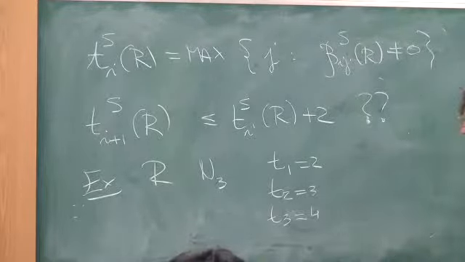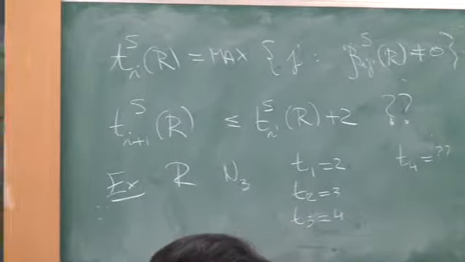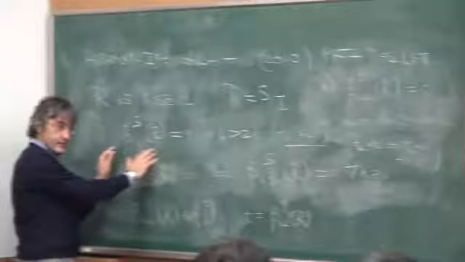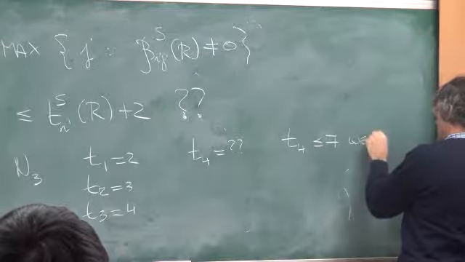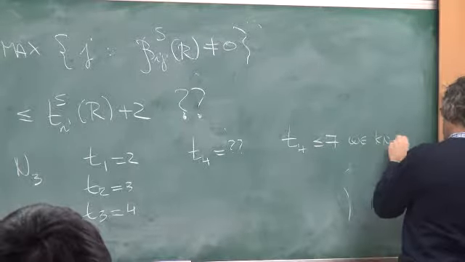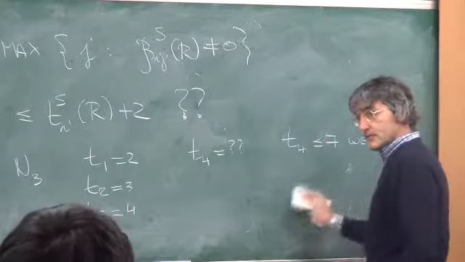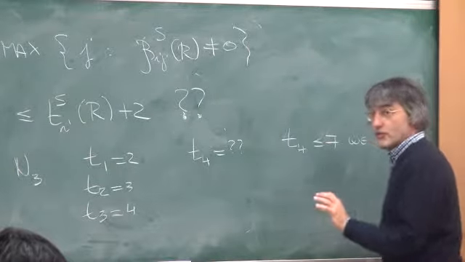If I use this bound, the first bound says it is at most 8. But the second statement says, since I lost the top line, I will never reach it, so t_4 is at most 7. This we know, for a Koszul ring, of course.